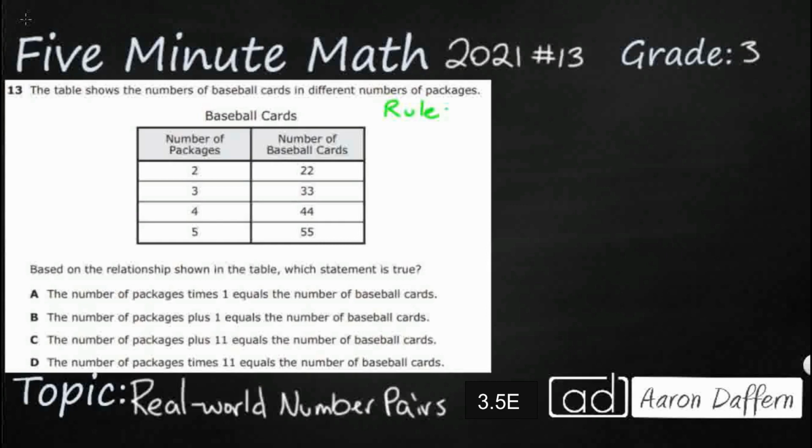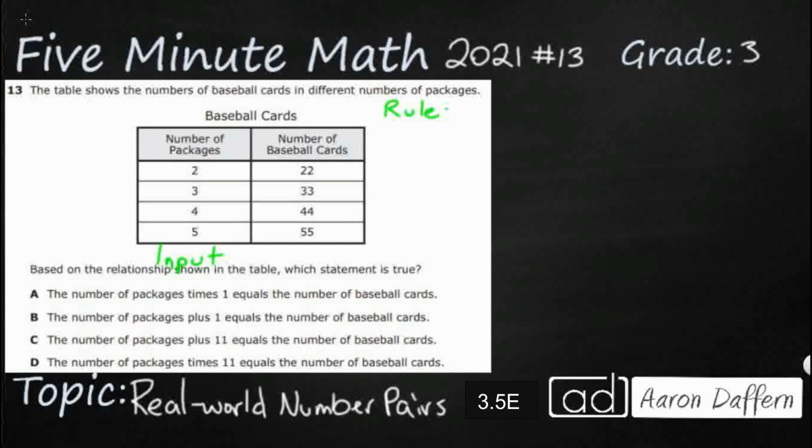Now, here is the thing that's going to help us. We need to think of this as input and output. So let's look at our first column as our input. We choose a number of packages, right? So we choose 2 packages, 5 packages, 3 packages. Something happens to that number.